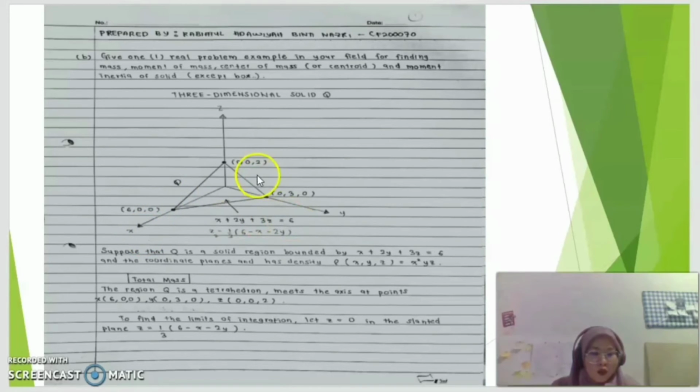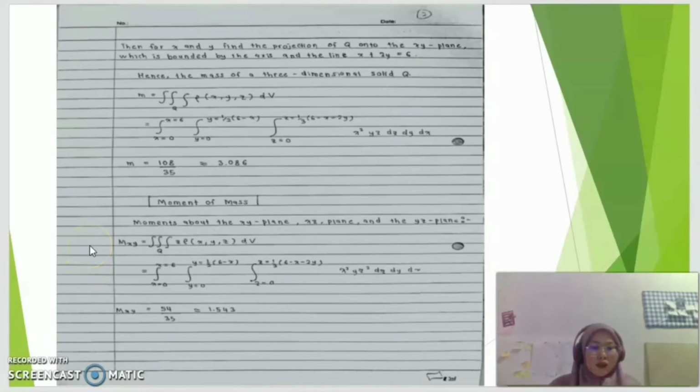To find the limits of integration, we let z equal 0 as z1 in the plane, and z2 is 1/3 times (6 − x − 2y). Then for x and y, we find the projection of Q onto the xy plane, bounded by the axes and the line x + 2y = 6.